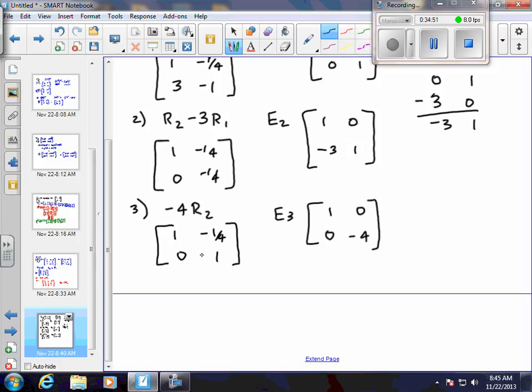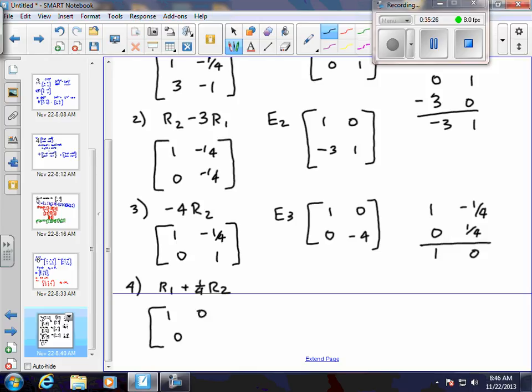Then my last step is to change the -1/4 to a 0. So I would have to take row 1 and add 1/4 of row 2. So row 1, multiply row 2 by 1/4, and that will give me the 1, 0.